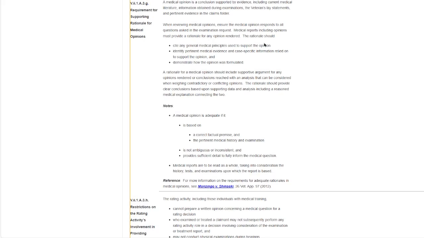One specific instance is when you're going for IU, individual unemployability. That determination is 95% done by the rater themselves. That is their interpretation of all the examinations and all the evidence given. That's up to the rater.